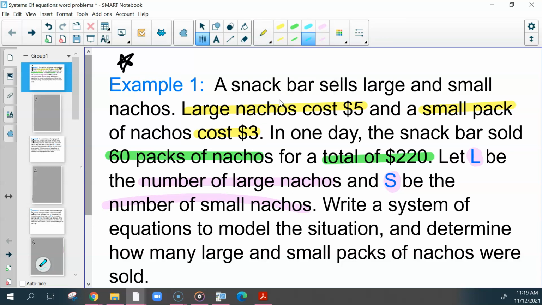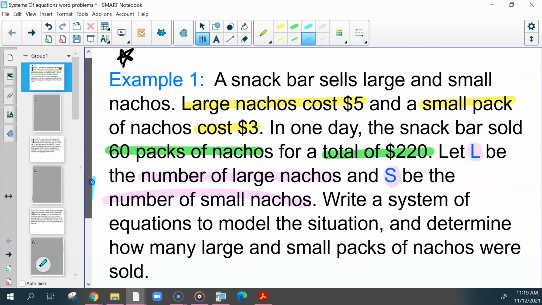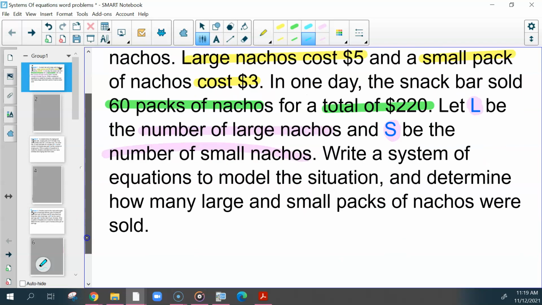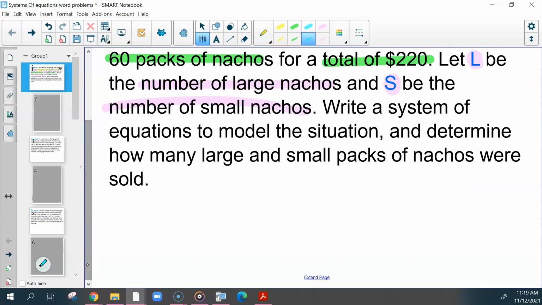Alright, in this word problem, what are we looking for? What is it asking for? To do what? To model it to find what? There we go. That was the answer I was looking for.